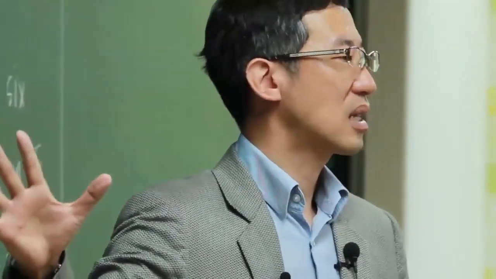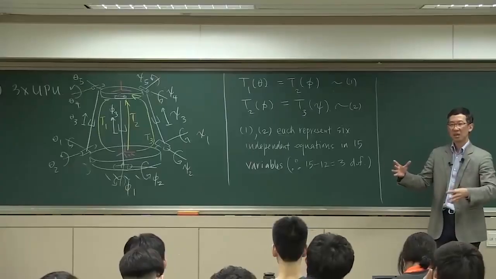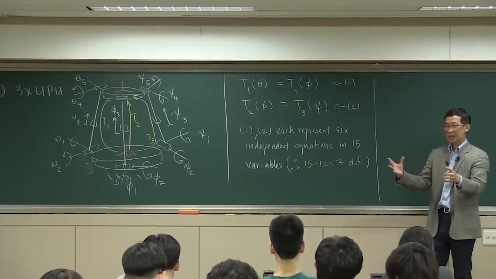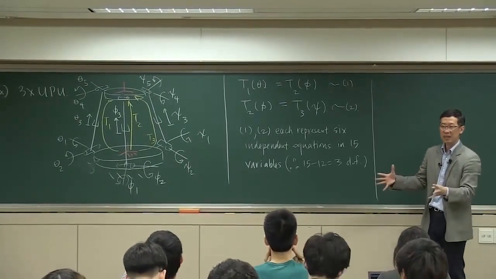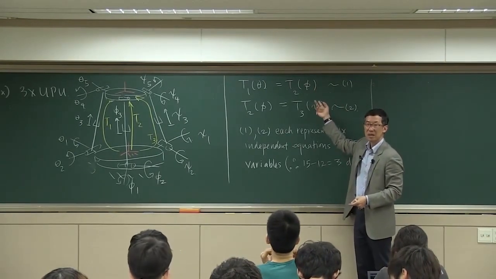And this is the kind of analysis that you have to resort to when you have very general mechanisms. When you have very general parallel mechanisms, you usually want to set it up as a number of open chains, and say that the open chains have the same end effector frame.